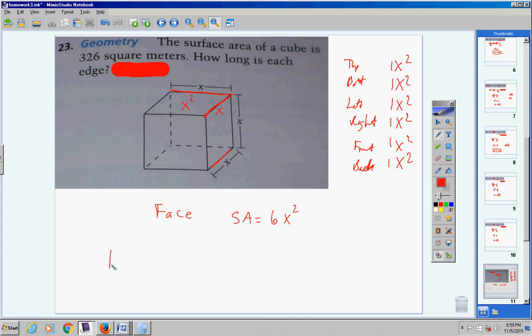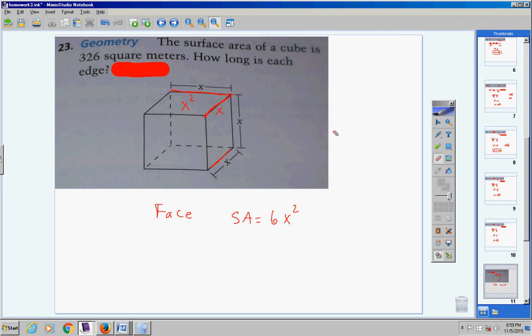Think about if you have 1x squared six times, you're going to get 6x squared. Okay, so the surface area for this cube is the surface area equals 6x squared.